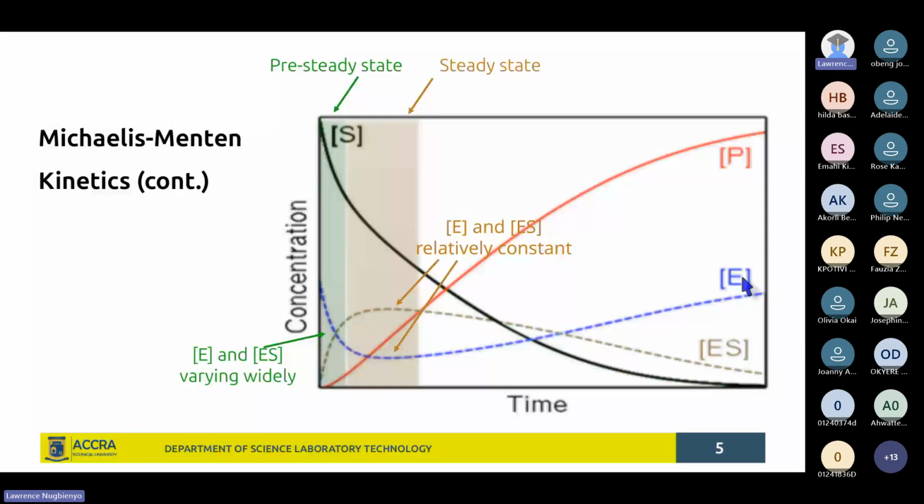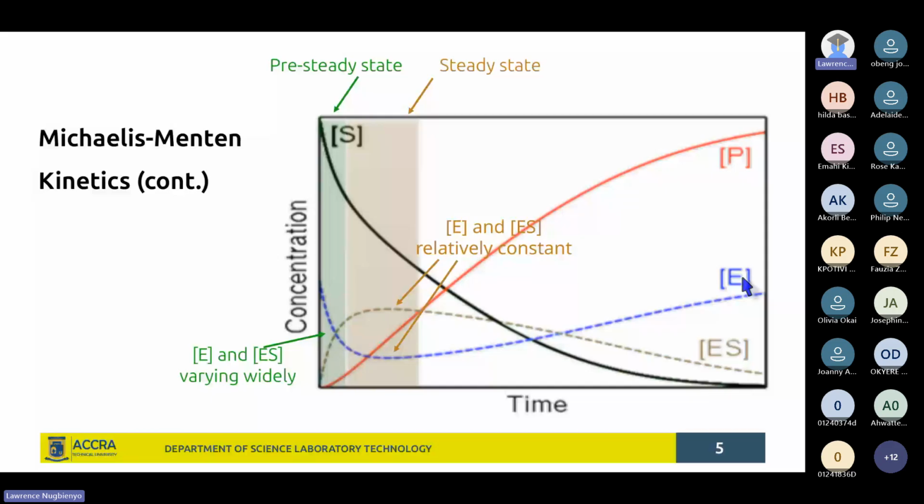Now, this was a more comprehensive representation of the kinetics of enzyme reactions by Michaelis and Menten, which gave scientists more understanding than what Henri represented the first time.